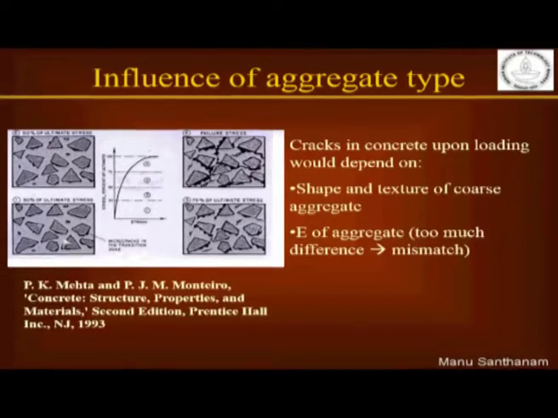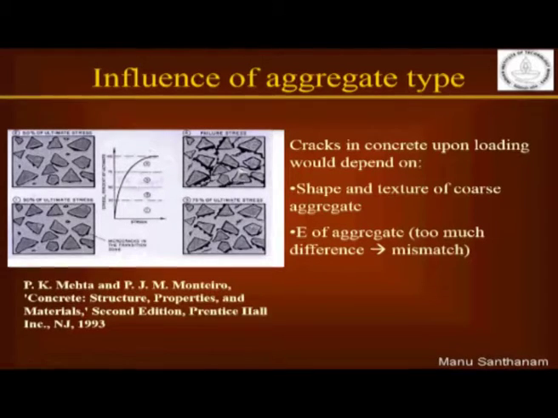Okay, now if there is already cracking existing because of different factors such as shrinkage, thermal stresses, and so on and so forth, these cracks are definitely going to grow more and more. That means the cracks in the interfacial transition zone keep growing more and more. Ultimately, these cracks grow into the surrounding matrix and develop into one large system of cracks.